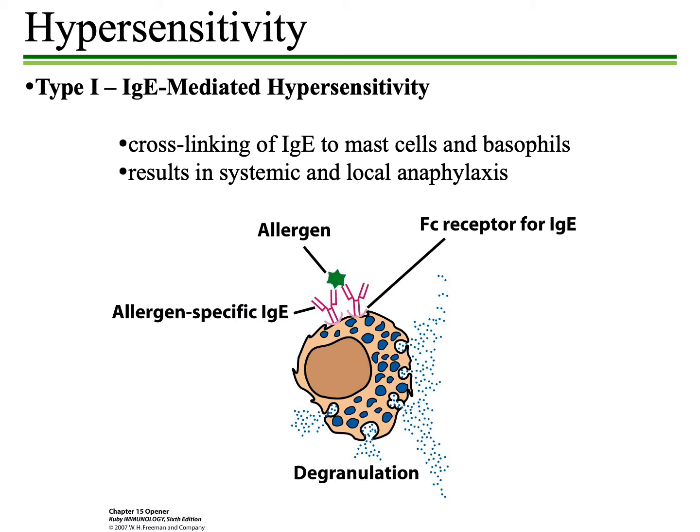So let's start off talking about type 1 hypersensitivity, also known as IgE-mediated hypersensitivity. Obviously, in the title, the antibody class IgE is responsible for this particular response overall. This slide is meant to be an overview, and we will look at more detail in the upcoming slides. What happens in this situation is that you have something known as an allergen.